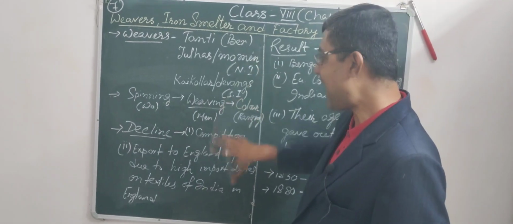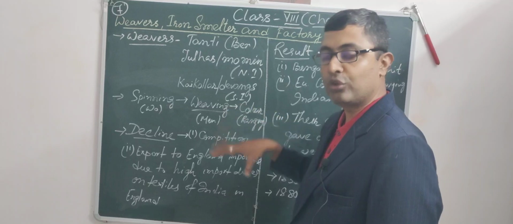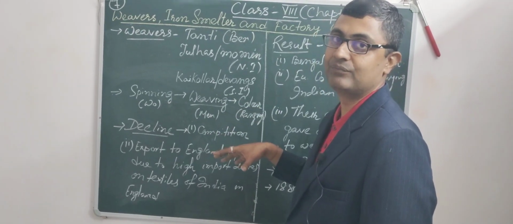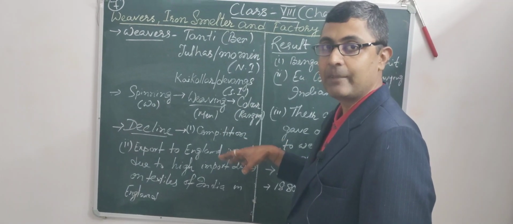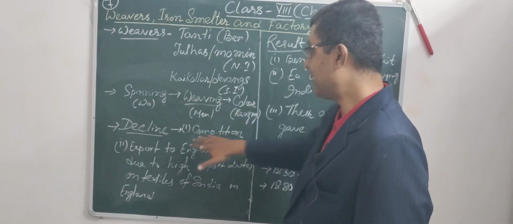Now, why did the Indian cloth, silk or cotton product decline during that time? Because of the stiff competition with the European companies. That is one reason.